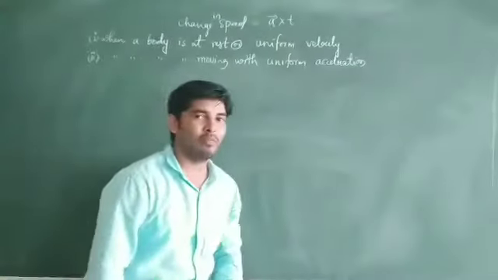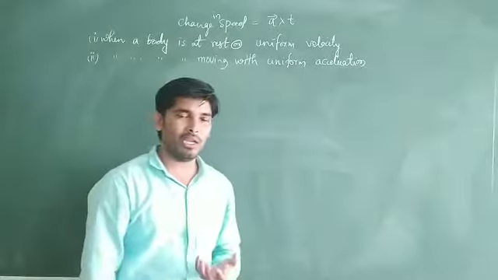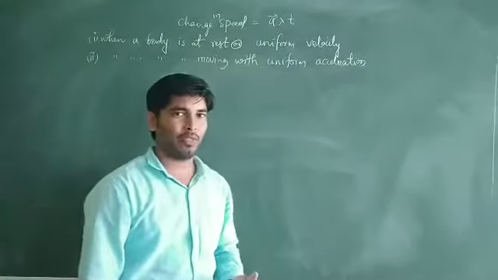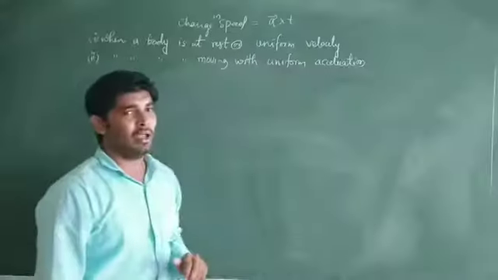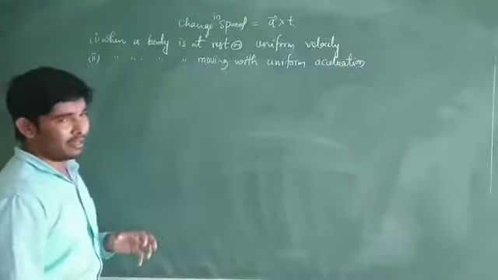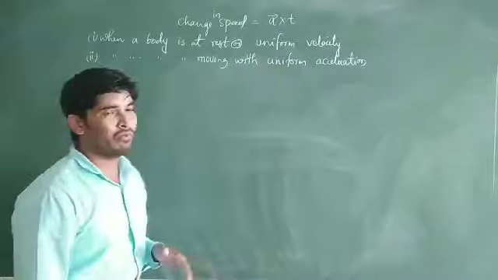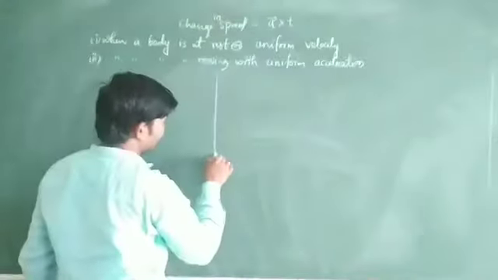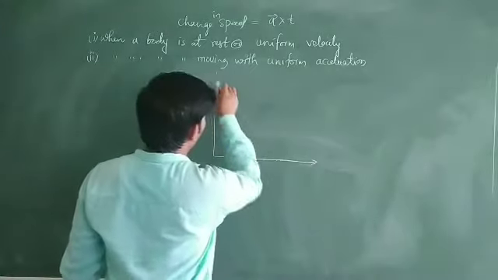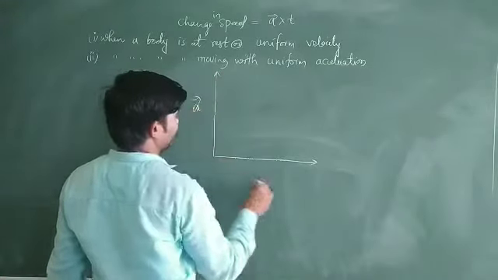Uniform acceleration means equal change in velocity in equal intervals of time. Such motion of a body is said to be uniform acceleration. In this case, the acceleration time graph is a straight line.